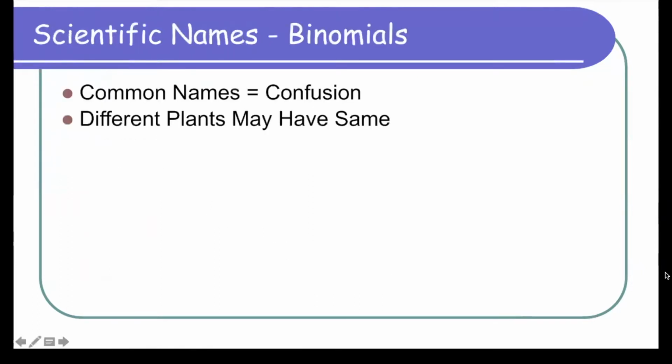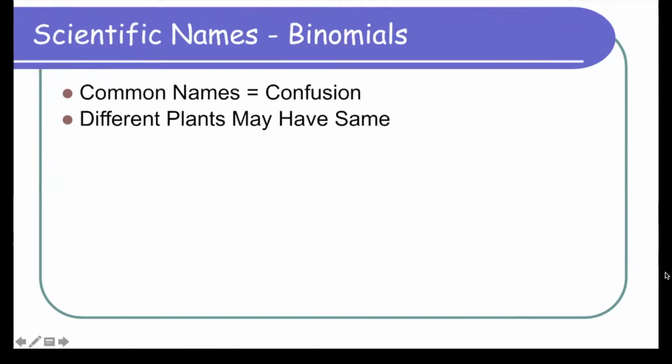Okay, now we're going to get into the actual scientific names, and that's the binomial. The scientific name is first the genus, and following the genus, it's the species. I want to declare how important it is to use scientific names versus using the common name of a certain plant, because, one, it's more professional.